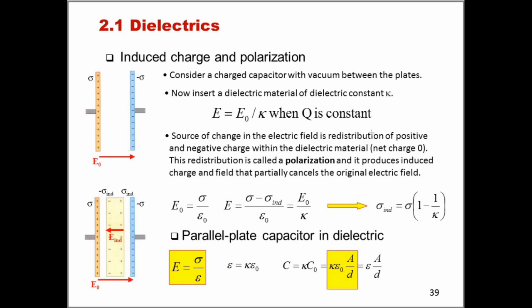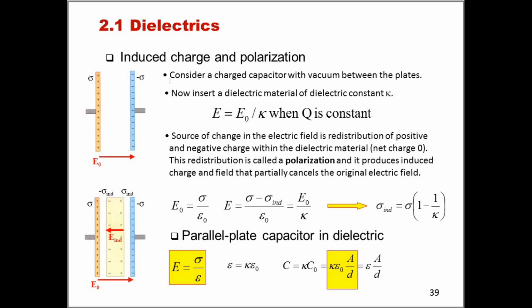So let us now have a look at what really happens when we put some material between the plates. Let's see how polarization affects what we've seen until now for the parallel plate capacitor in vacuum.